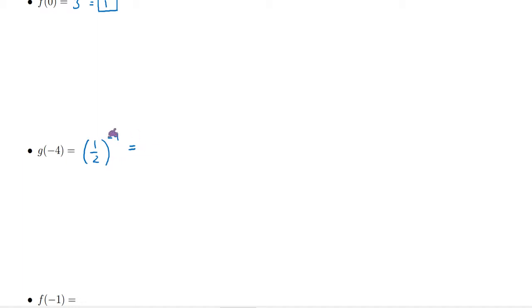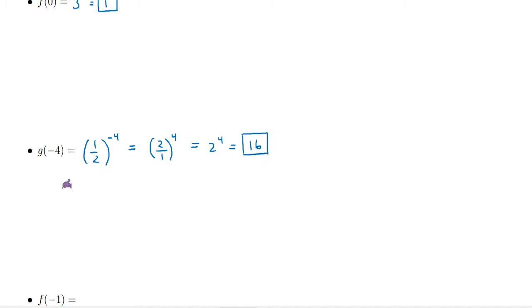One way is you could bring this negative 4 into the numerator and denominator, but what do we know if we take a negative power? Well, that's actually going to make the reciprocal. So if I get rid of that negative, I can just flip the fraction that I have. So 2 over 1 to the positive 4th, right? Remember that if you have something to the negative power, you will just take the reciprocal of it. And so now I just have 2 to the 4, and that is 16, right?